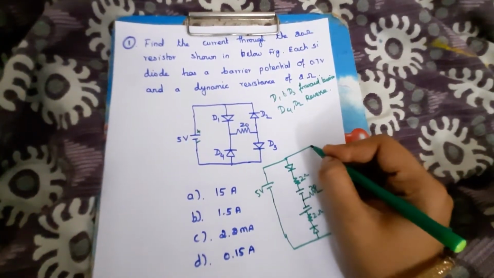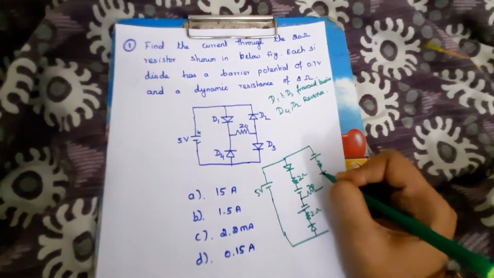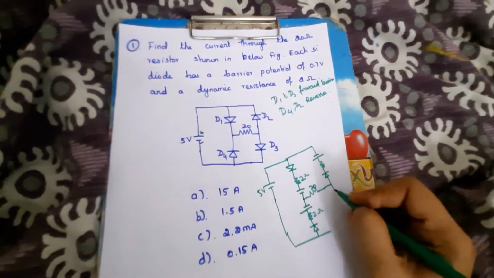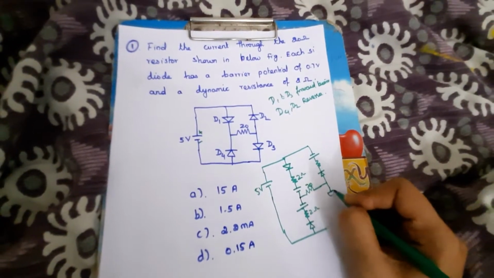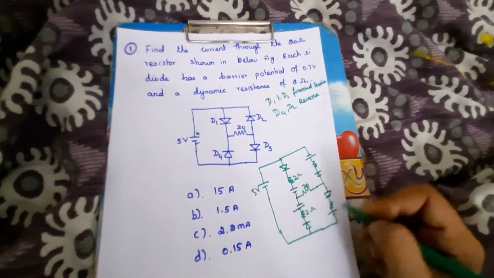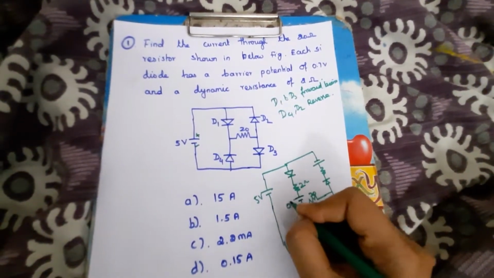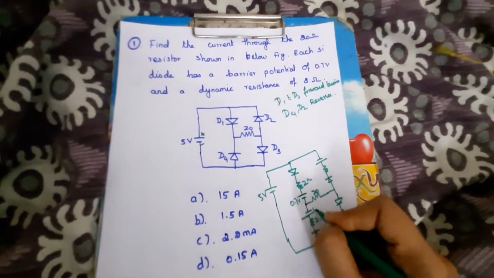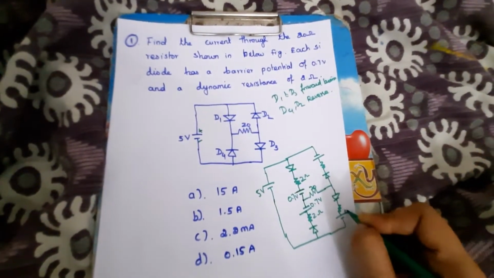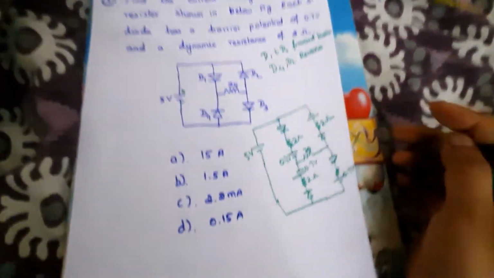Again similarly, and this is the voltage drop of this diode, that is equal to 0.7 volt. All voltage drop is 0.7 volt and all the dynamic resistance is 2 ohm.